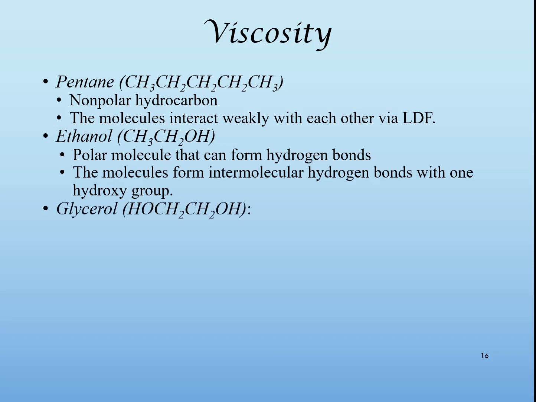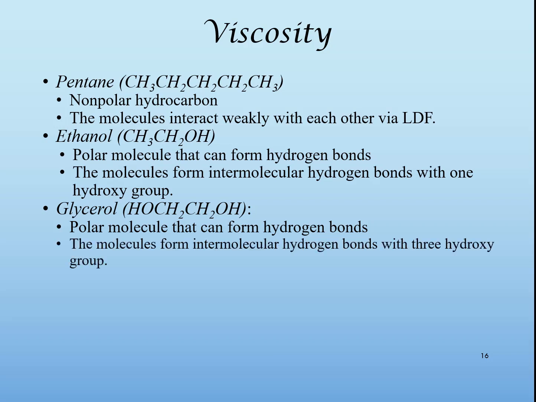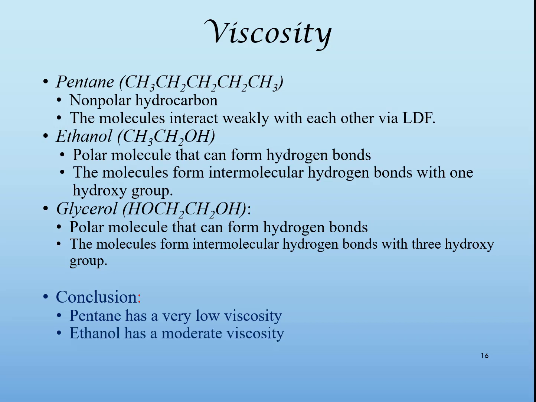In the case of glycerol, we have significantly more hydrogen bond ability, resulting in the ability to form 3 different hydrogen bonds and resulting in a high degree of viscosity. So ultimately we see that pentane has a low viscosity and ethanol a moderate viscosity, and glycerol is a very viscous liquid at room temperature.